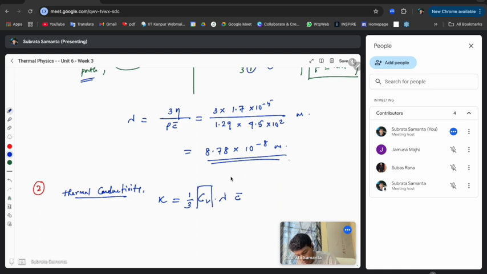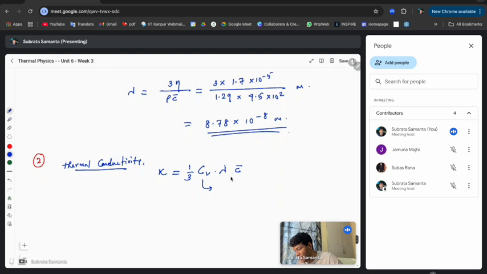This Cv is the heat capacity per unit volume. There are various kinds of heat capacity: specific heats or the molar heat capacity. Cv per unit volume can be written as n times c mole, where n is the number density and c mole is the molar heat capacity.